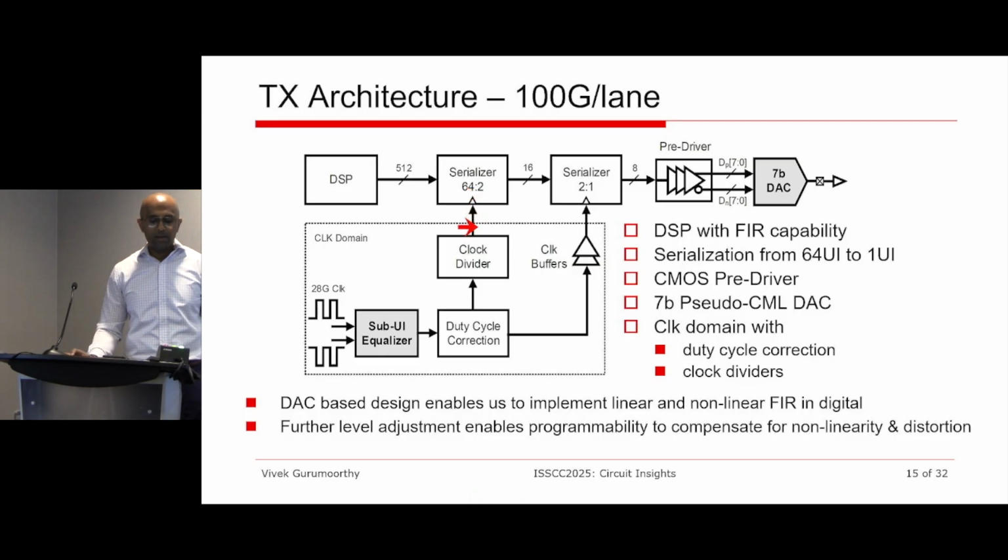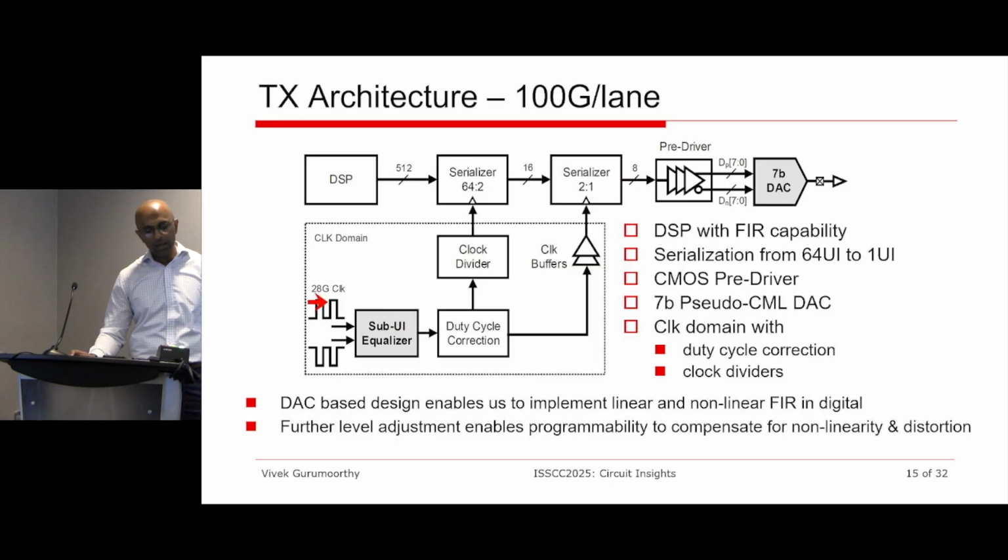In this particular scenario, we have data coming in at 64 UI. Again, if I refer back to Kevin's talk, the baud rate and UI is 1 over baud rate. So you have data coming in at 64 UI rate, which is much slower, and we serialize it. The 64 UI is coming in parallel. We serialize it down to a 2 UI in multiple stages, and then you take the 2 UI and serialize it one more time into a 1 UI stage. To do all this, you need a clock path, which is where this clock domain box comes into the picture.